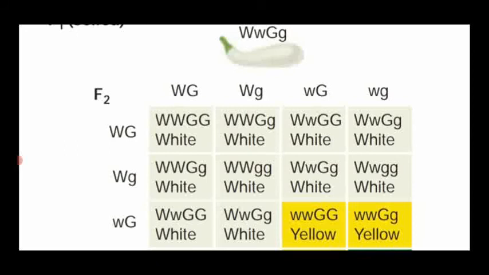See the column. Capital WW is possible, or only one capital W is also denoted as white. Two W's or one W is possible. That fruit is denoted as a white color dominant fruit.